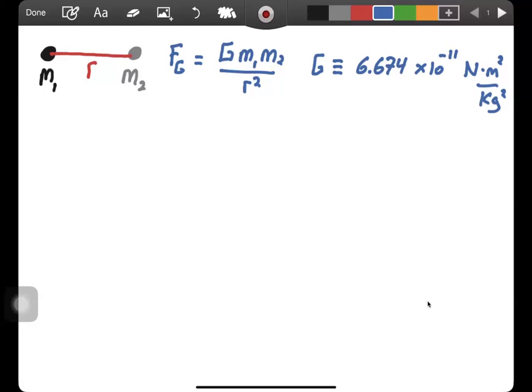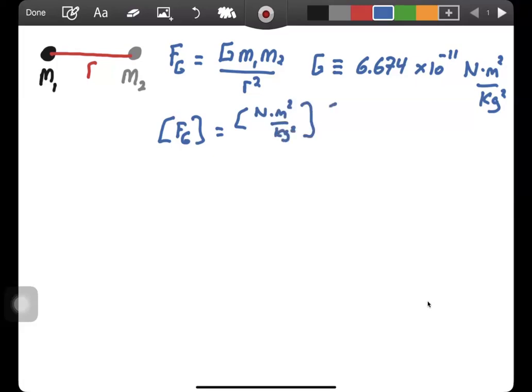So if you look at, say, the units, when I put in brackets here, it means we're going to do a unit analysis. So the G has units of newtons times meters squared over kilograms squared.